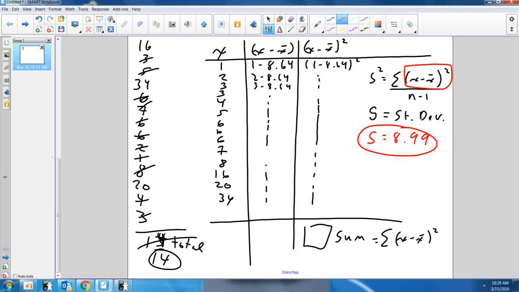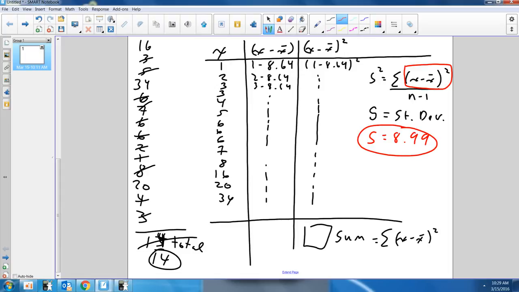Now, what that really means in future chapters is when you have your mean, if you go 8.99 above it and 8.99 below it, 68% of these numbers are going to be within that range. And then there's another percentage you go out, another standard deviation, another percentage go out, another standard deviation. So that's where we're headed down the road with standard deviation.